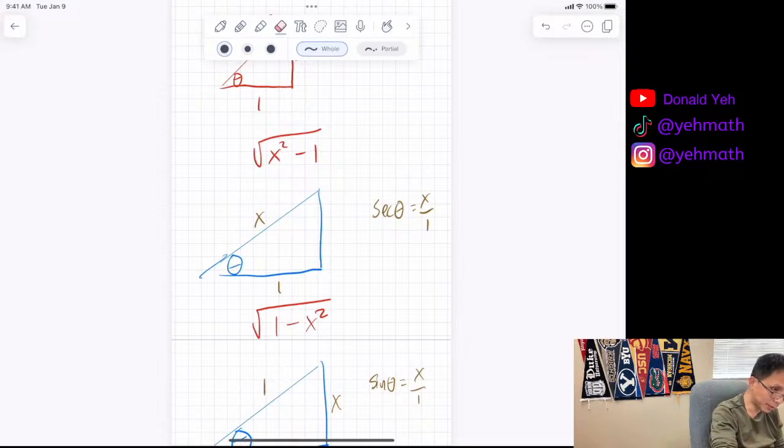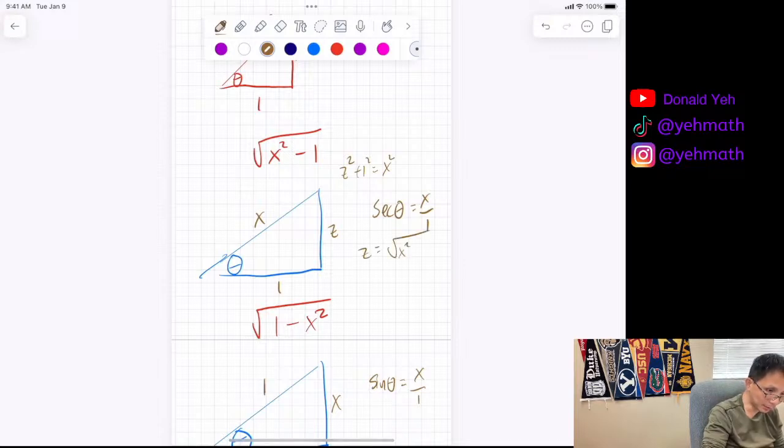Imagine this is z. So z squared plus 1 squared equals x squared. So z must equal the square root of x squared minus 1. This is the correct thing.